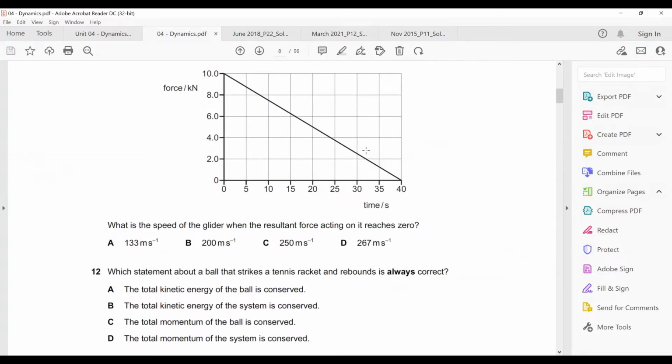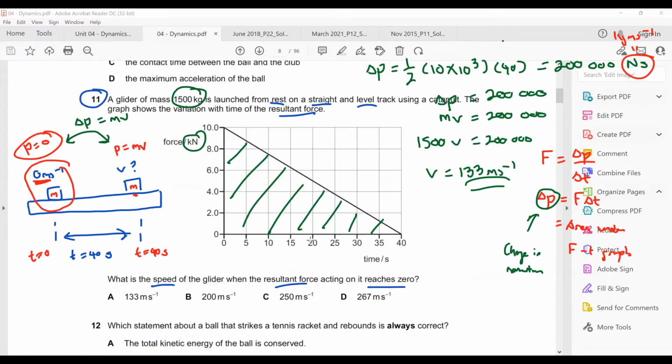Have a look at question 12, the same page again. It's the last question on the same page that you're looking at.